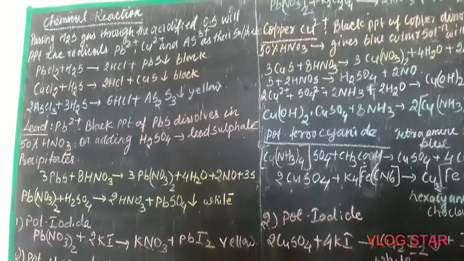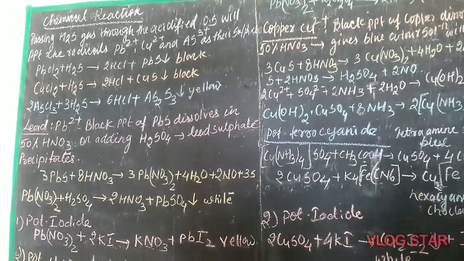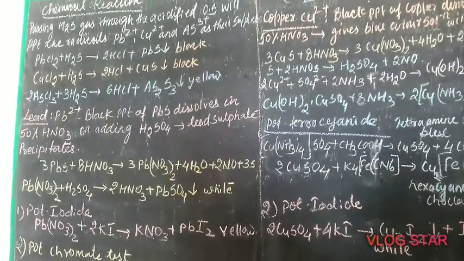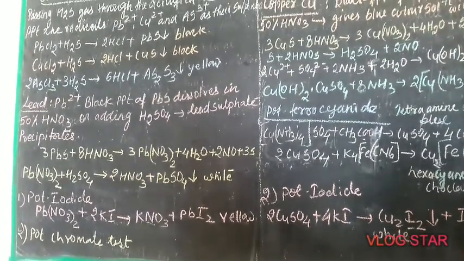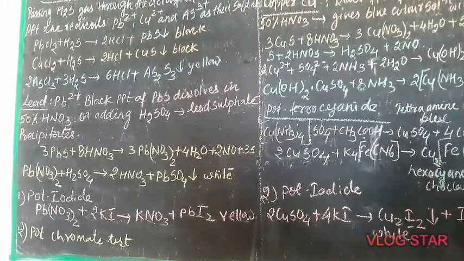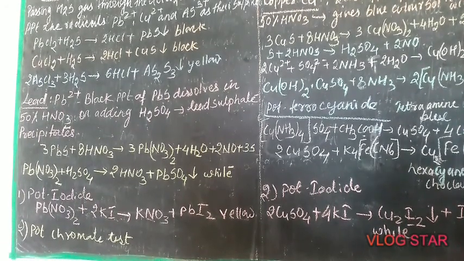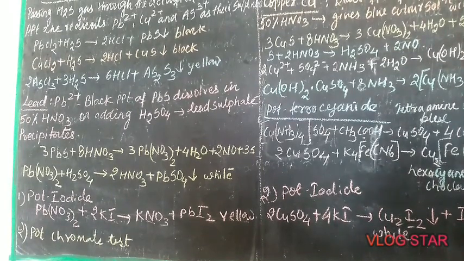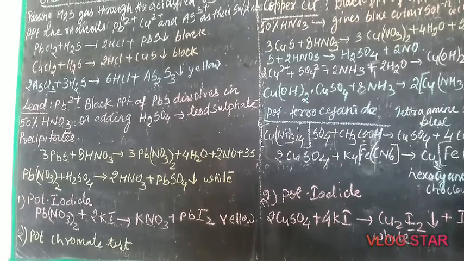Now children, the confirmation for lead reaction. Lead 2+ here. The black precipitate of lead sulfide dissolves in 50% HNO3. Now, on adding H2SO4, lead sulfate is precipitated. Reaction is 3PbS + 8HNO3 gives 3Pb(NO3)2 + 4H2O + 2NO + 3S.